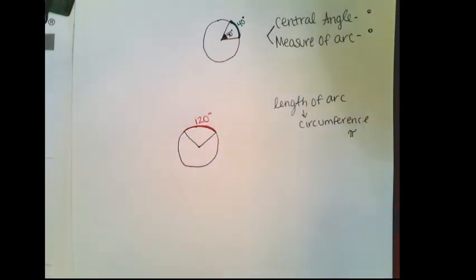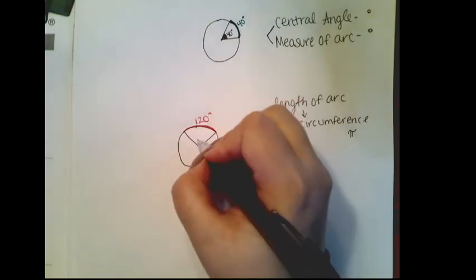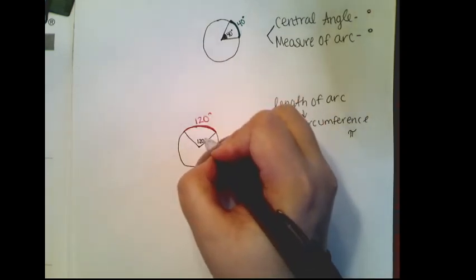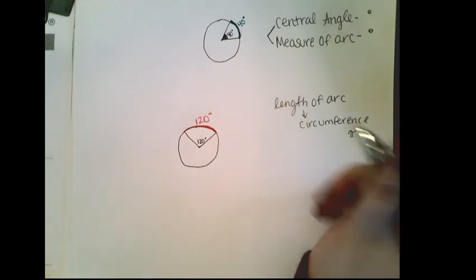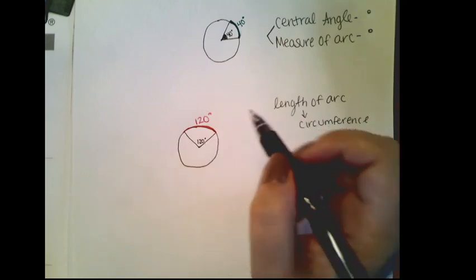So if we know what the arc measure is, then based on that, we can find that central angle, which is also 120 degrees, because our arc and our central angle are going to match.